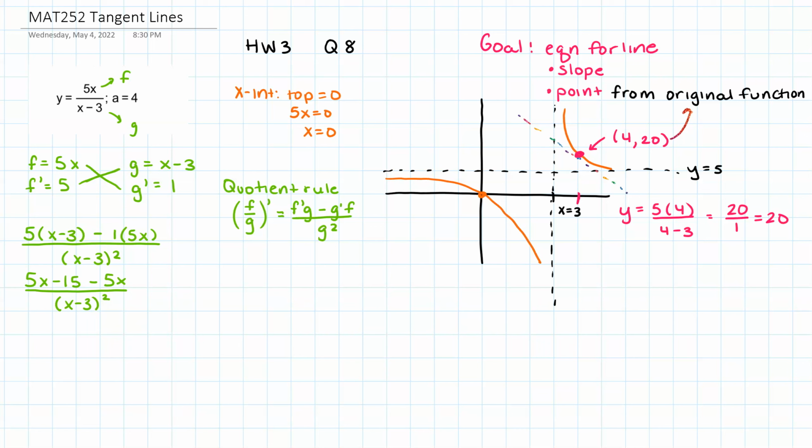And now 5x and minus 5x end up canceling each other out, which is awesome. So I have negative 15 over x minus 3 squared. Okay, so this is the slope of every tangent line, so every line that's tangent to this graph.